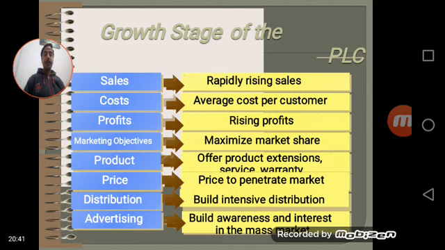Initially in the introduction stage, they were targeting only some consumers. They only wanted to make the consumer aware of the product, but now they will use an awareness type of marketing or advertising strategy so that they can reach a mass market. Hope I am clear here. Let's go to the fourth stage, that is the maturity stage.